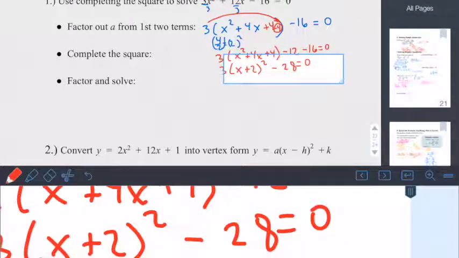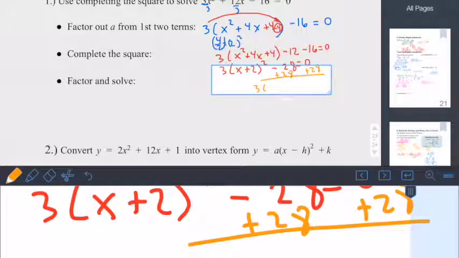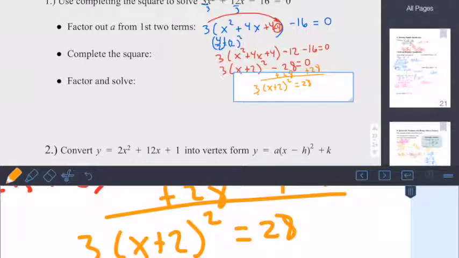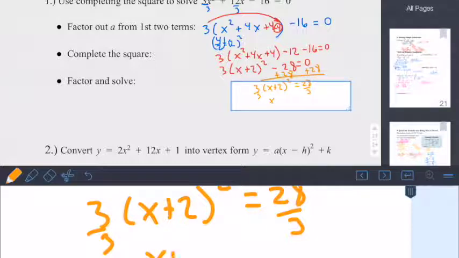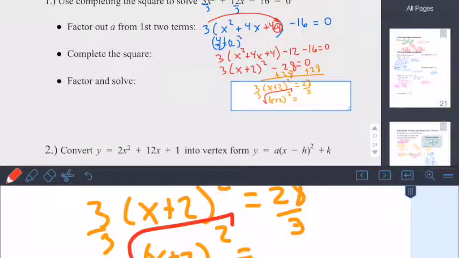Now to solve it, I'm going to add 28 to both sides. And then I'm going to divide by 3. 28 divided by 3 does not work out perfectly. Then I'm going to take my square root of both sides, plus or minus.